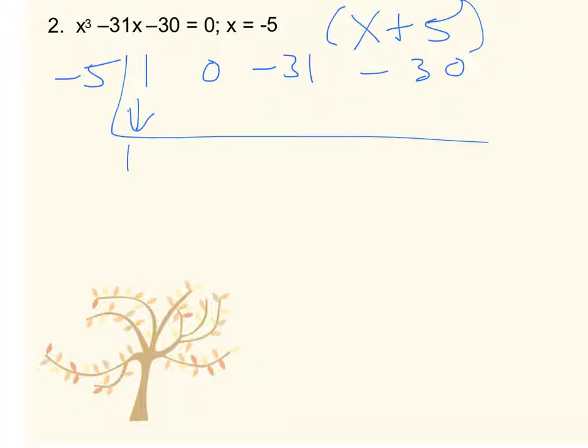Bring down the 1. Negative 5 times 1 is negative 5, plus 0 is negative 5. Negative 5 times negative 5 is 25. That adds up to negative 6. Negative 5 times negative 6 gives us 30. Add those up and we get 0.